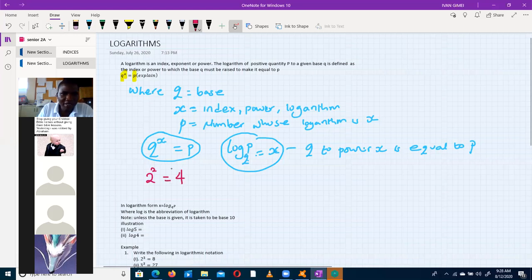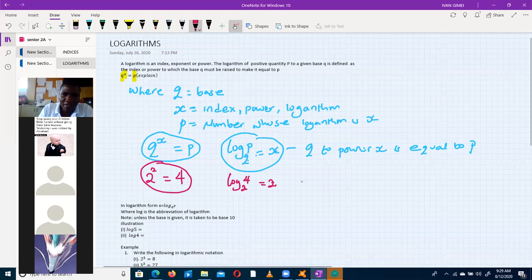If you write this in logarithm notation, you write it as logarithm of 4 to base 2 is the same as 2. In words, we are saying that 2 must be raised to the power of 2 to get 4.